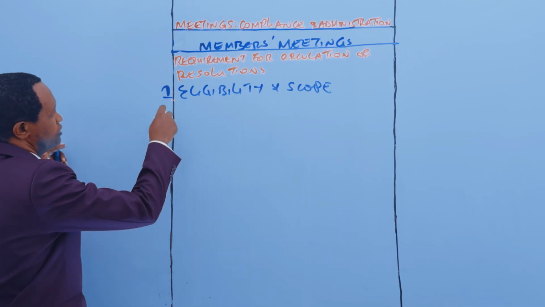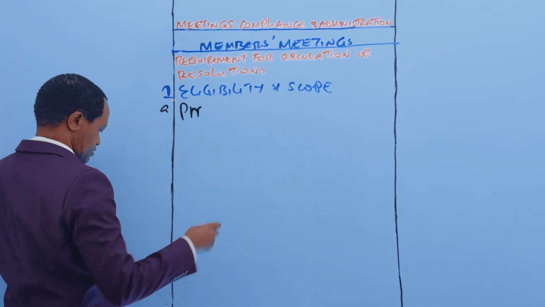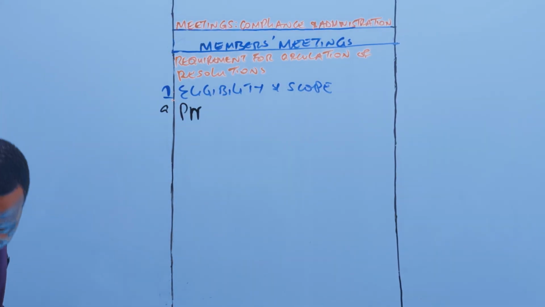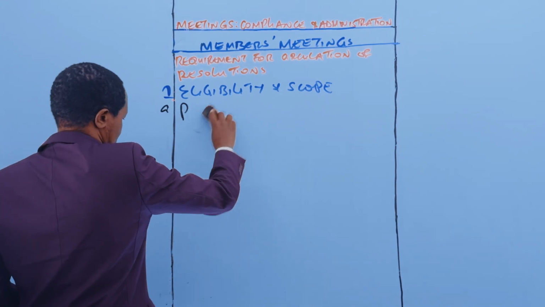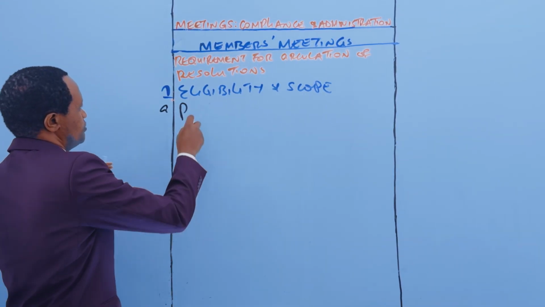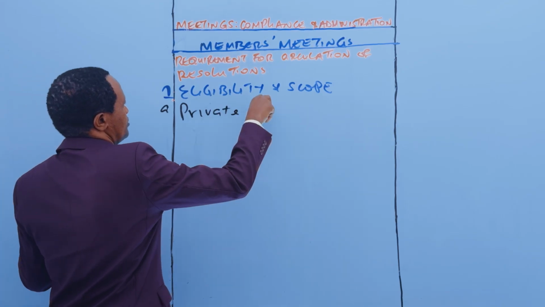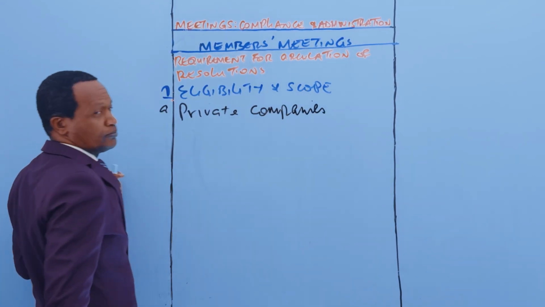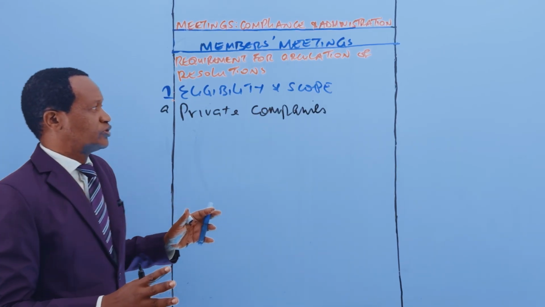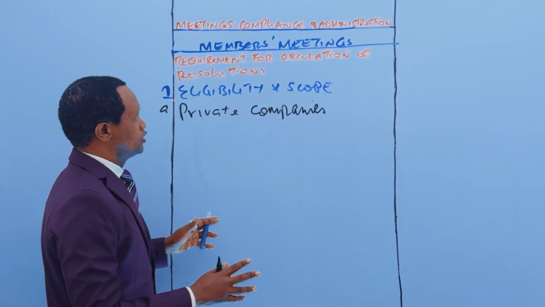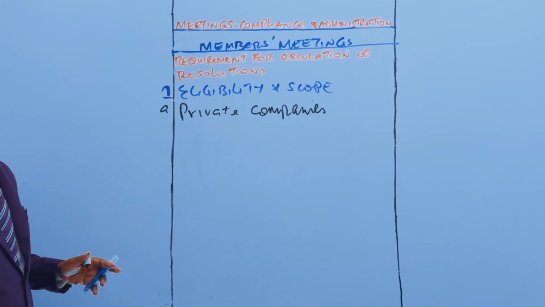So number one, private. This kind of arrangement only applies to private companies. We are defining this eligibility and scope. It's only private companies that are eligible to have this kind of arrangement.